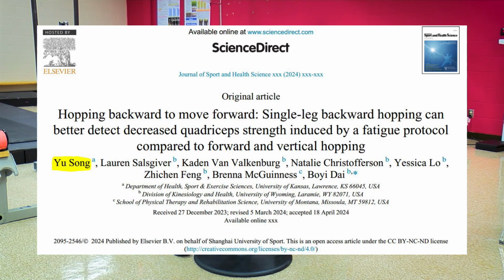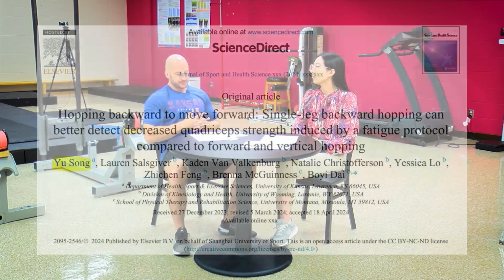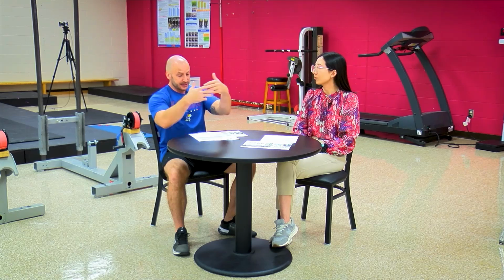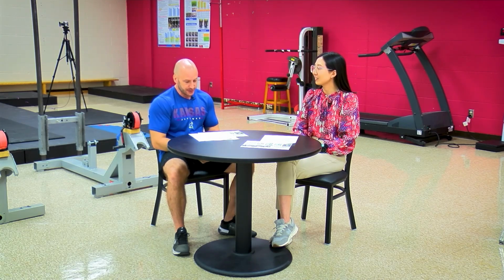Maybe can you provide some background information about this study and why it was important to conduct this, and maybe also how patients are typically assessed during rehab after they've had their ACL reconstructed in the knee? Yep, for sure.